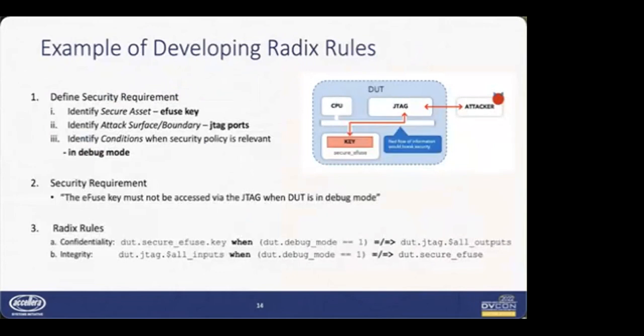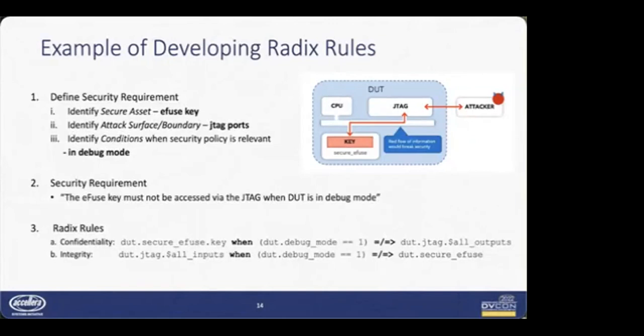Let's look at an example of how to develop a Radix rule for a simple example. In this case, we're concerned that an attacker can access encryption keys stored in eFuses. So the first step is to identify the secure asset, in this case, the eFuse key. Second, identify the attack surface or secure boundary where the attacker can access the device, in this case, the JTAG port.